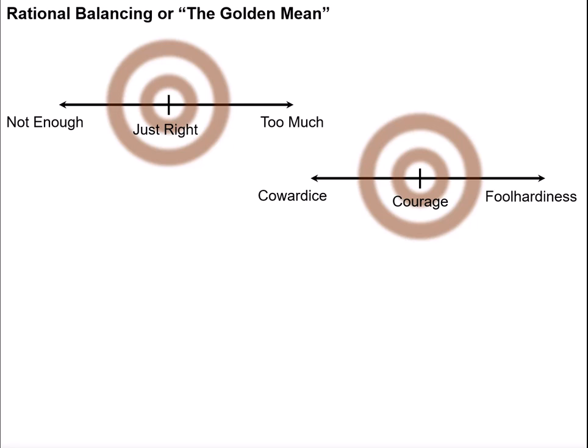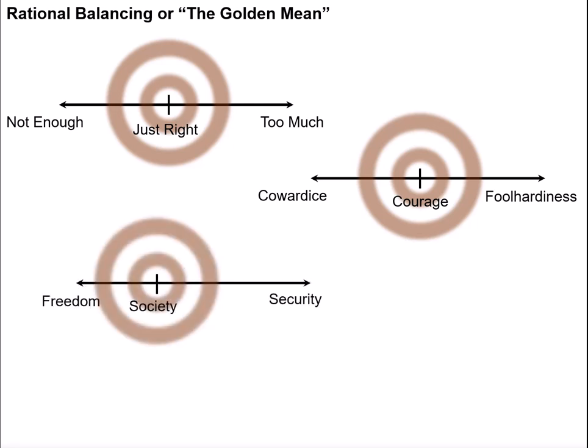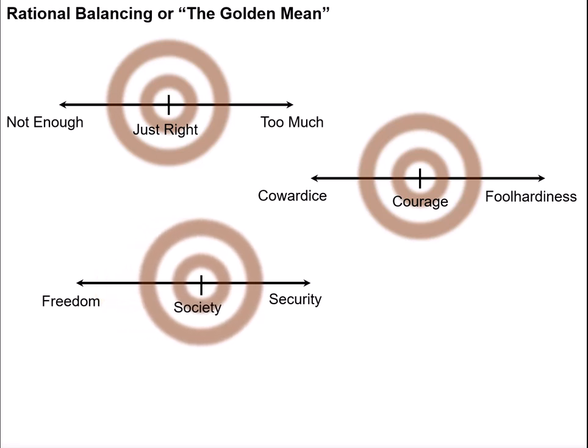However, what the just right balance is varies. It's contextually dependent. For example, there's a balance in a society between the freedom people have and the security they have in their lives. Too much freedom is a lack of security. Too much security limits freedoms. And certainly events in society, such as a terrorist attack, can shift the society away from freedom and towards security.